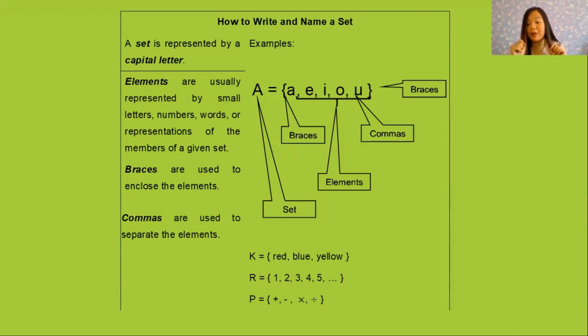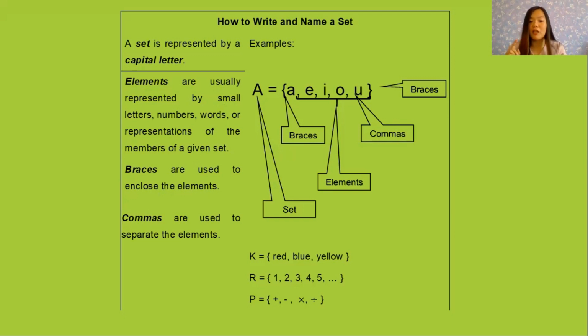And then, it is separated by commas, kasi pag sinabi mo A, E, I, O, U na walang comma, magiging isang word na siya, AEIOU. But if you put a comma there, you can separate A, E, I, O, and U. So, there are 5 elements. Pero pag walang comma, meaning to say, 1 element lang siya.